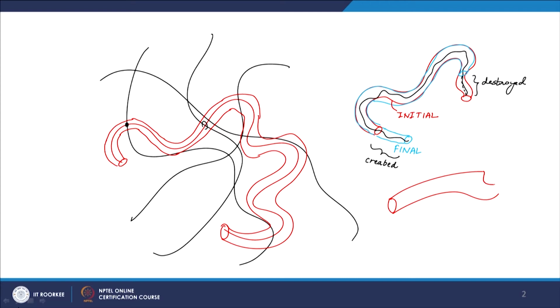Let us say this is my tube and the polymer chain is confined here, then the polymer chain can move within the tube, change its conformation, but it still remains in the tube.